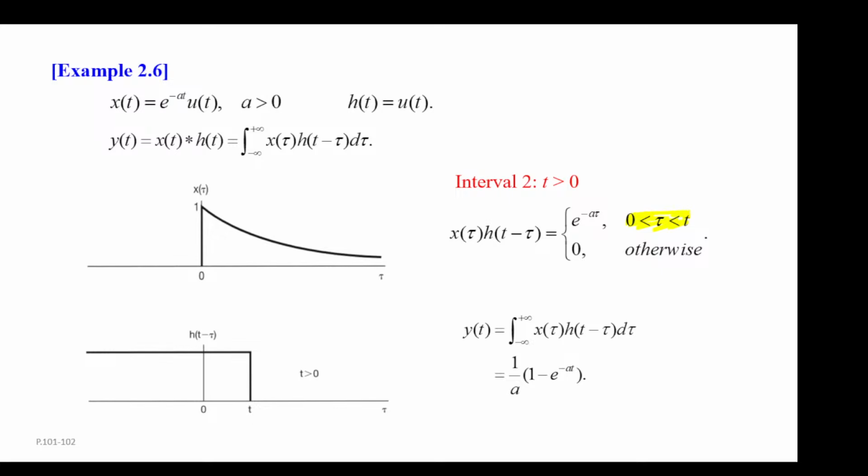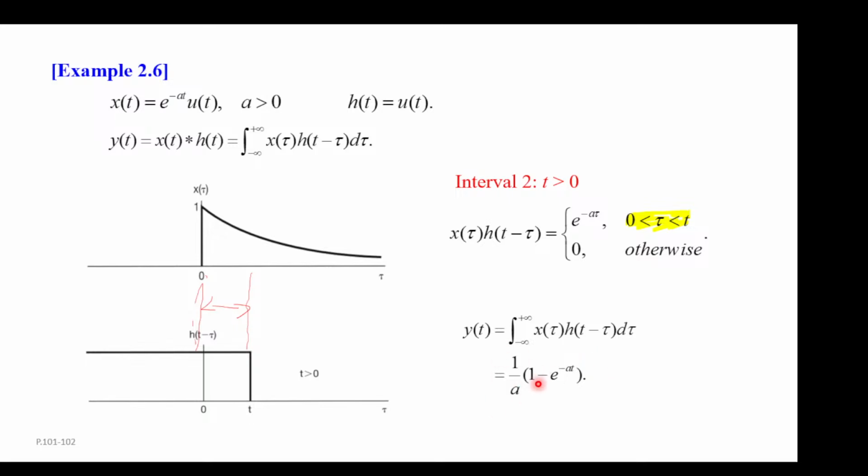This is the overlapping area. So y of t is the integral of x of tau h of t minus tau, which is basically the integral of x of tau from 0 to t, and you can do the integral and get this function.